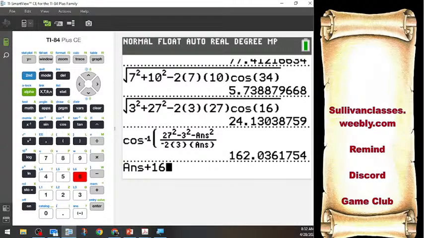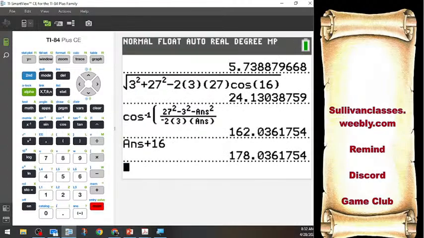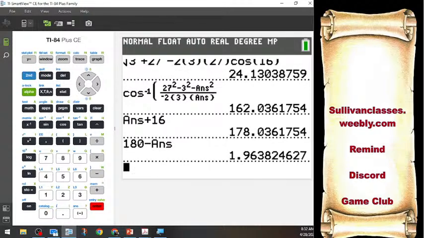Plus the 16 I already got. 180 minus that for my third angle. So two very, very small angles, and a big one.